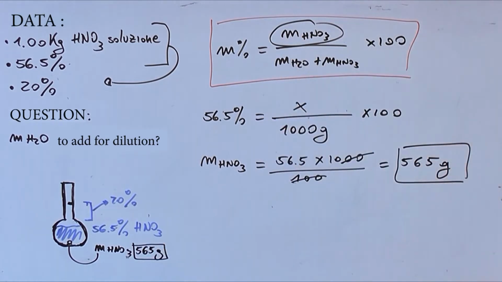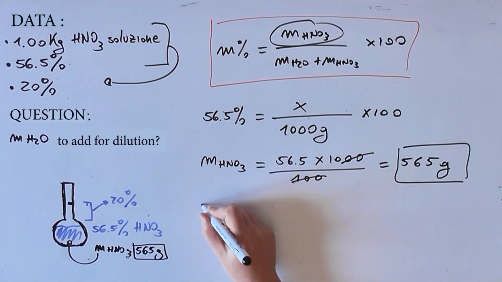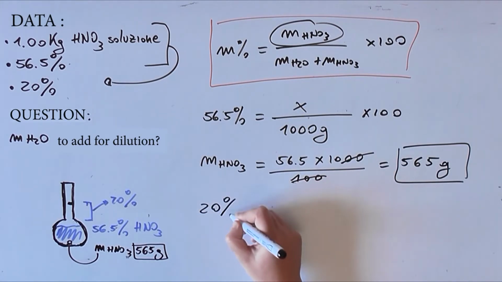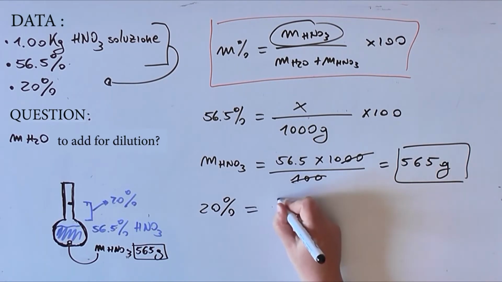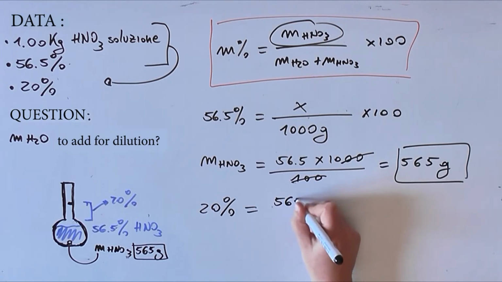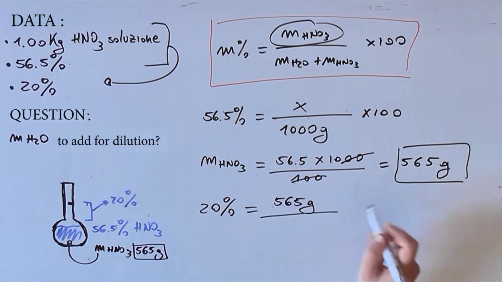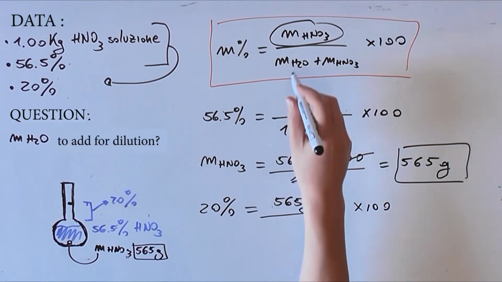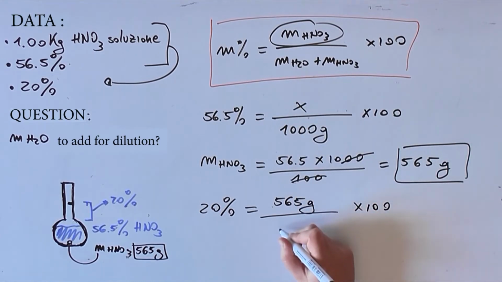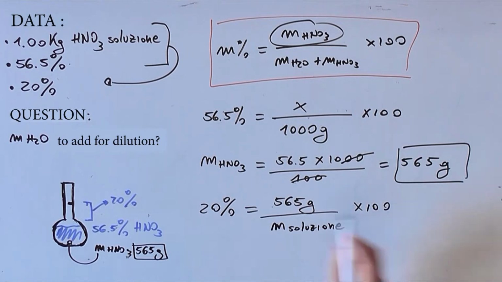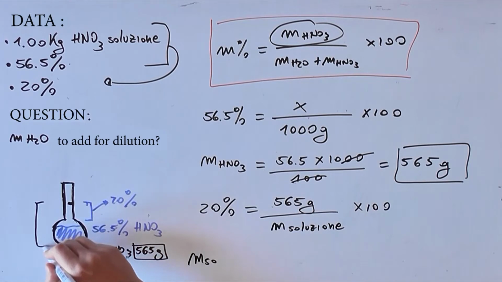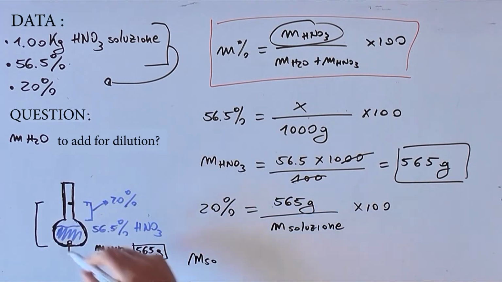This means I have all the data for the 20% solution. So let's write it. 20% solution equals the mass of nitric acid divided by the mass of solution times 100. The mass of solution we don't know and we want to know, but it's the mass of final solution. So pay attention to this. This is the mass of final solution, the solution we want to reach after the dilution.